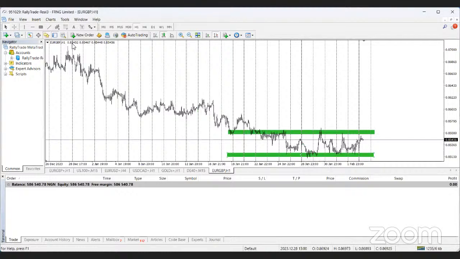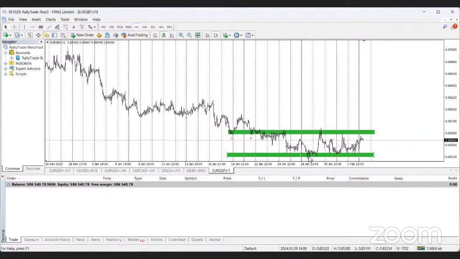But now let's look at something. If I do some arrows like this, let me just click on this and bring up arrows. You see that this place was support at that point. Of course, this place was also support at that point. And now eventually it turns resistance. But before I do that, let me also copy for support.